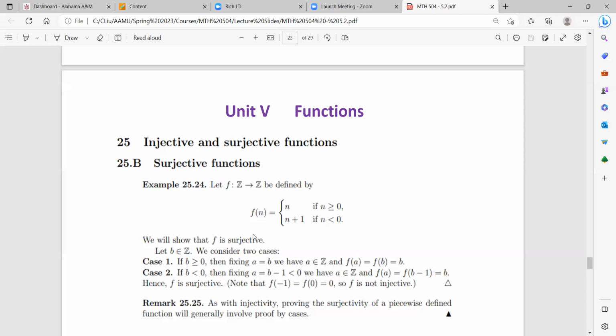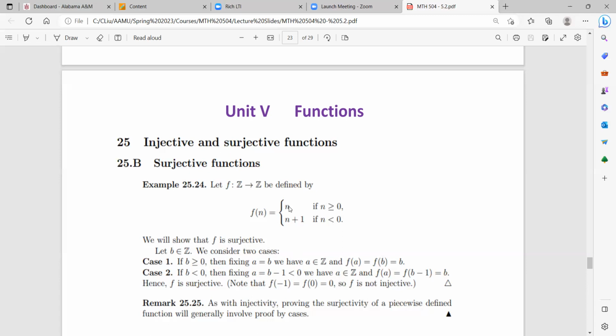Then you can pick a equals b, and then what is f of a? Because a is equal to b, and b is non-negative, a is non-negative. So we're going to use the top formula.